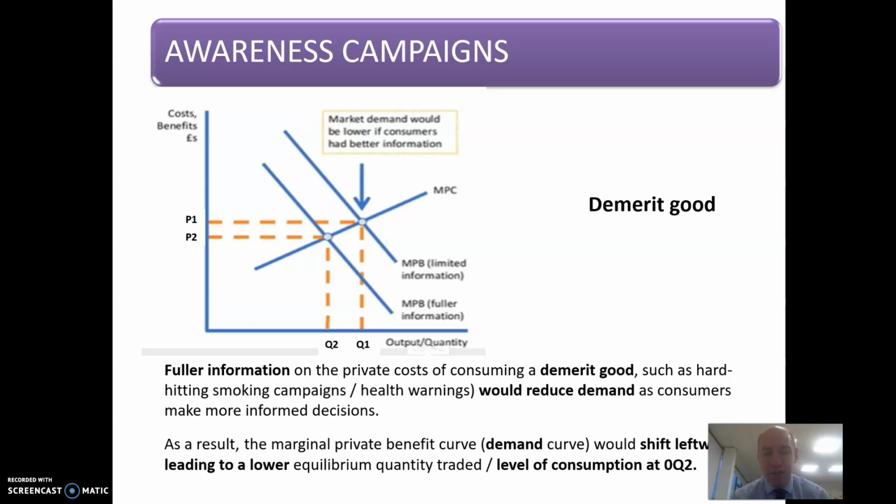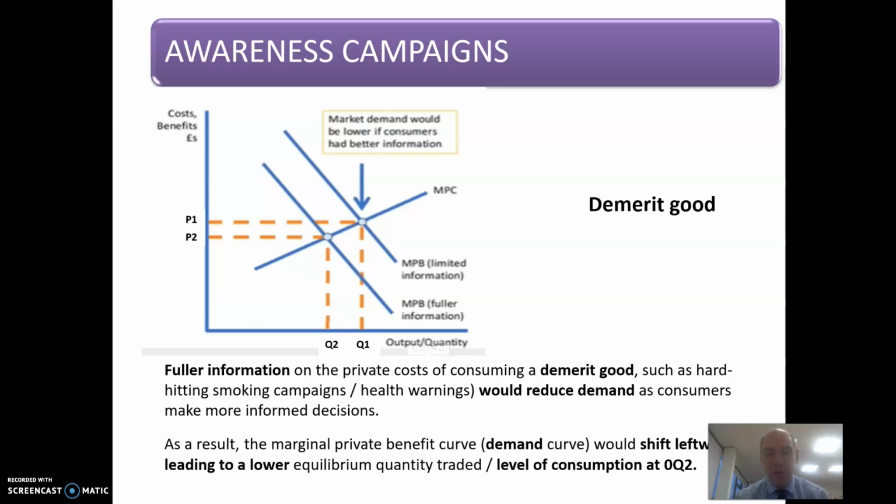However, if they had fuller information on the harmful costs of consuming cigarettes, maybe this could be found out through hard-hitting campaigns, health warnings and so on. This would reduce demand as consumers make more informed decisions.